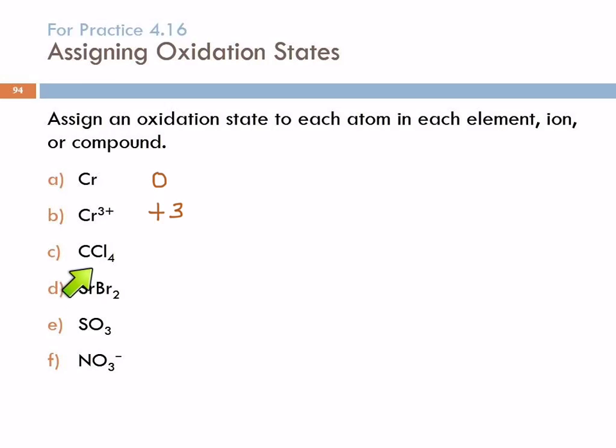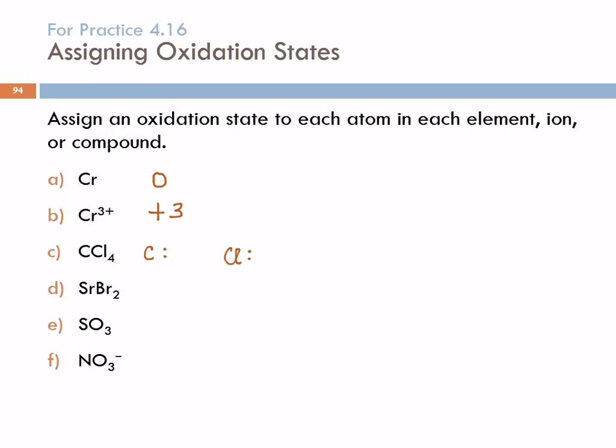Let's look at CCl4. This is carbon tetrachloride. We have 2 different elements here, carbon and chlorine. And so we have to assign an oxidation state to each. Well, these are 2 nonmetals. And so there's no ionic charges, and so we have to go to Rule 5, the table.